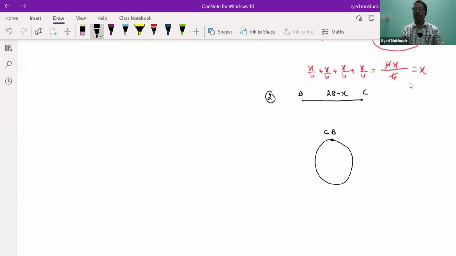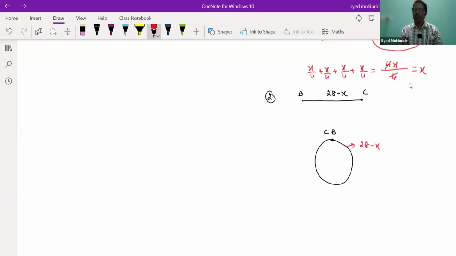What is the total length covered while traveling? When they travel and return back to the same point, this length will be 28 minus x. This complete length which is being covered is 28 minus x.